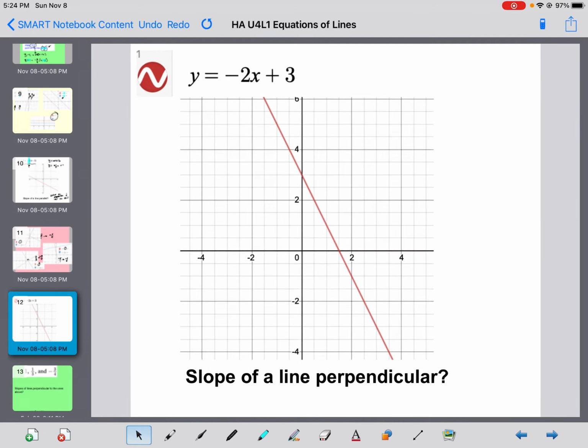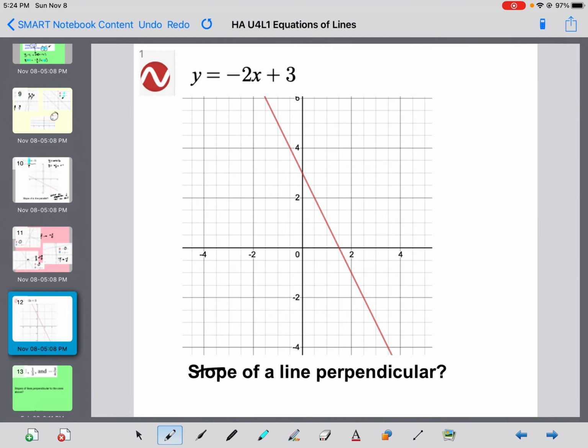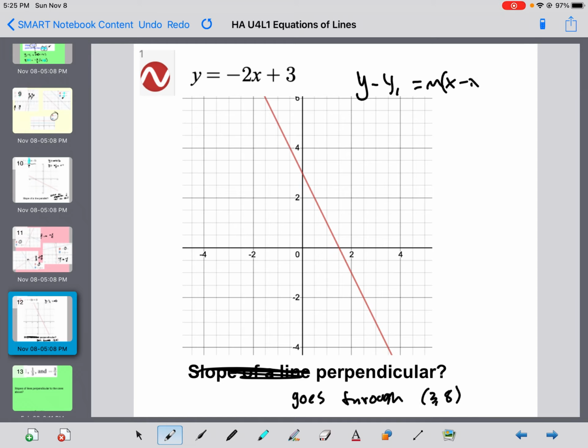So if you were asked, like, write a new equation that is perpendicular, and let's say it goes through like 3,8 or something like that, you would say, okay, well, I need this form. My slope started at -2, so I'm going to turn that over, and then I'm going to go from a negative to a positive.